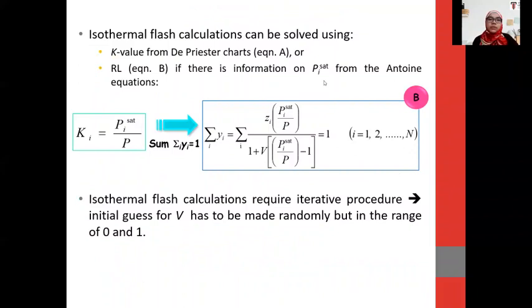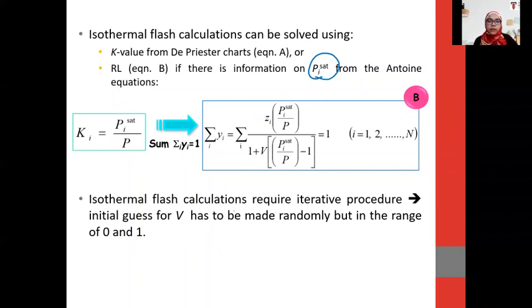Okay, the isothermal flash calculation can be solved either by using the K value from the Depriester chart, or Raoult's law. If there is information about the saturation pressure from the Antoine equation, you can replace it to have this equation.